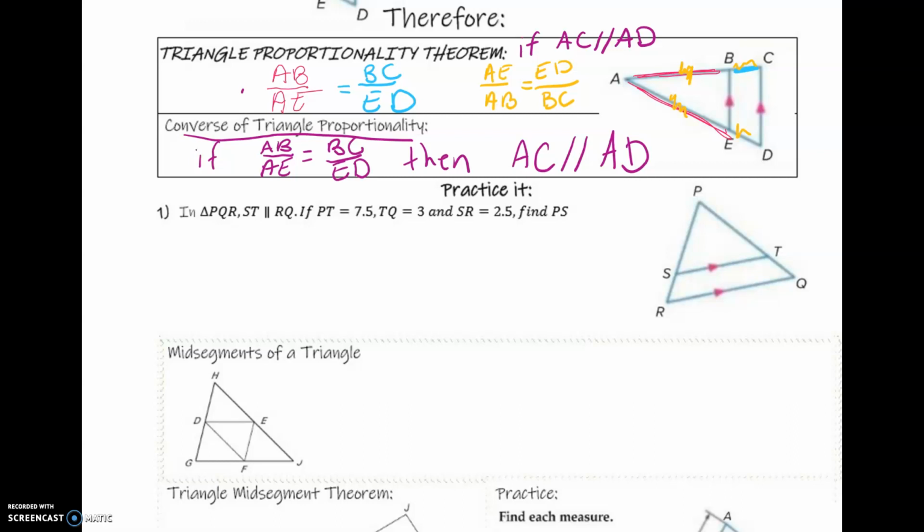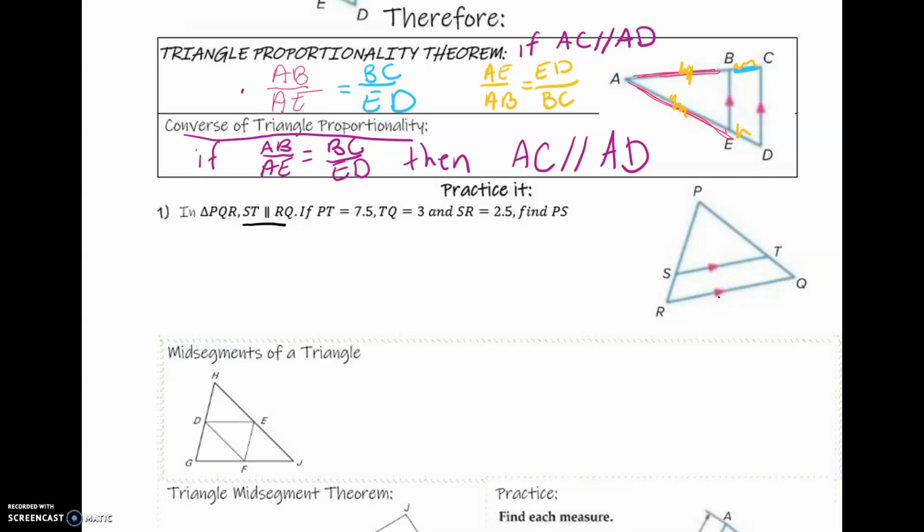Okay, and if I'm right, I think this triangle might have cut off in your notes a little bit. So you might want to take a note here and redraw this out real quick. That is super important for the problem. Step 1 of this problem, read it as always. It says in triangle PQR, perfect, there's triangle PQR, ST is parallel to RQ.